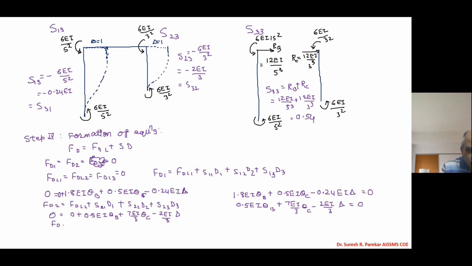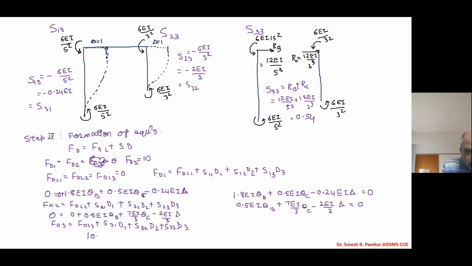Now the third equation: FD3 equal to FDL3 plus S31 D1 plus S32 D2 plus S33 D3. FD3 equal to 10, because at delta we have 10 kilonewton.